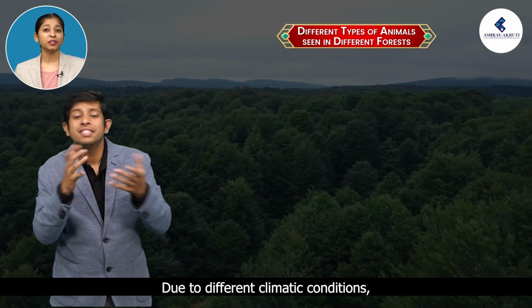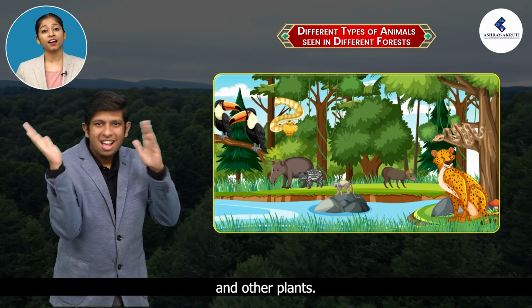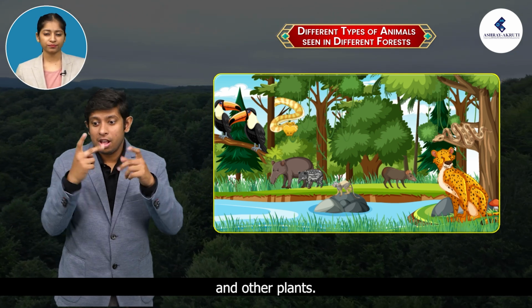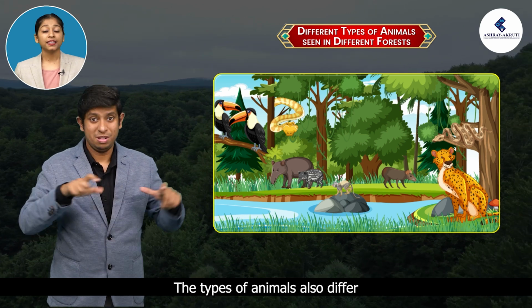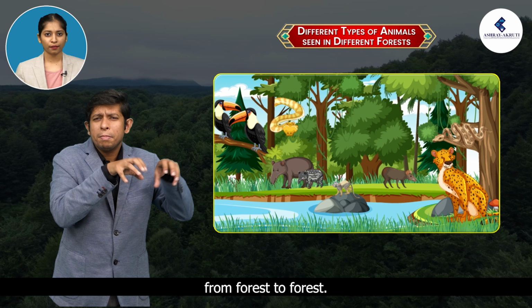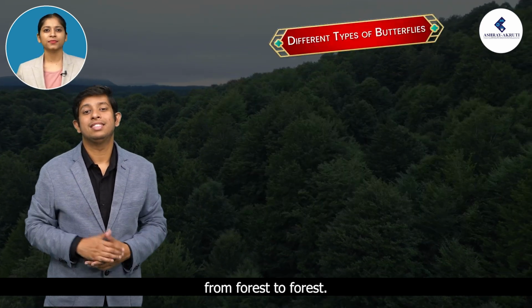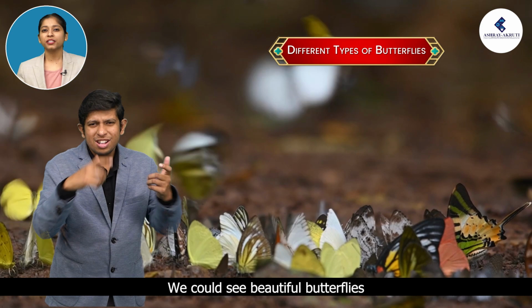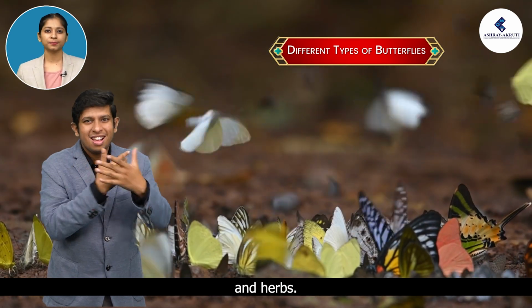Due to different climatic conditions, there are variations in the types of trees and other plants. The types of animals also differ from forest to forest. We could see beautiful butterflies fluttering on the flowers of shrubs and herbs.